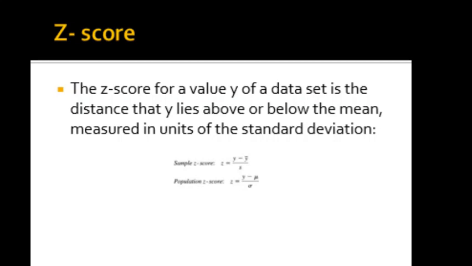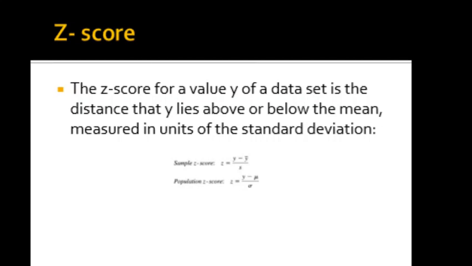Okay, here is the next measure of relative standing. It's called the z-score. When we find the z-score of a value y in a data set, we are trying to find how far this observation is from the mean in units of standard deviation.